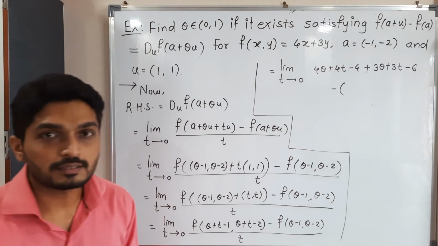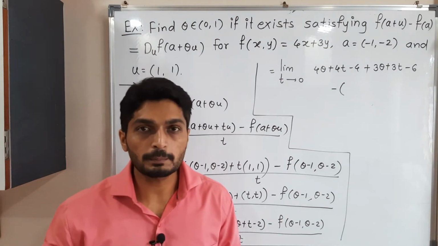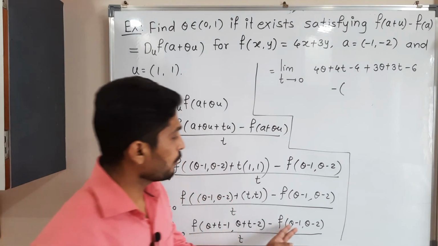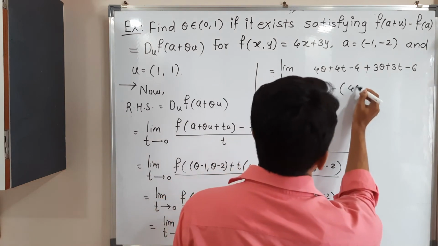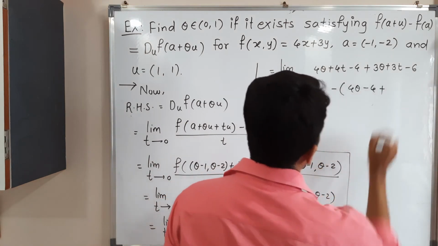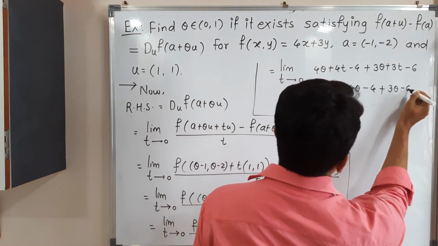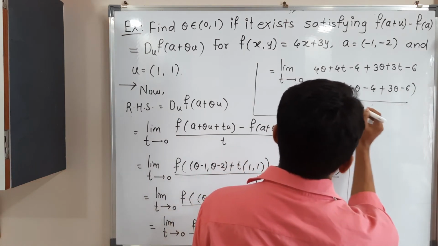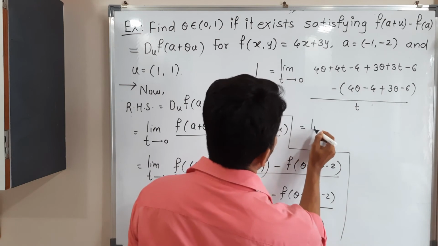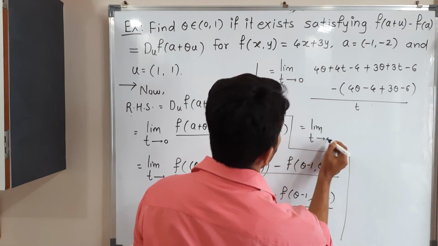Here we will do the same. 4 into first component plus 3 into second component. 4 into theta minus 1, that means 4 theta minus 4 plus 3 into theta minus 2, that means 3 theta minus 6, divided by t is equal to limit t tends to 0.